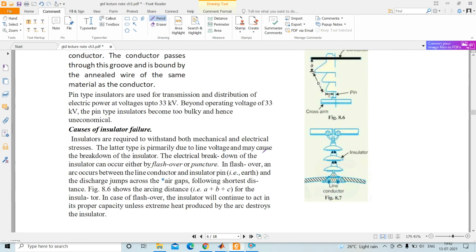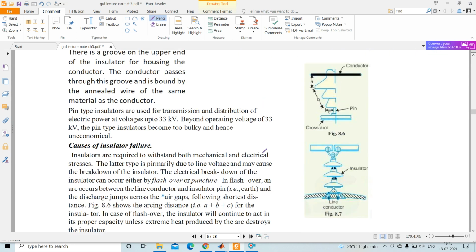So, causes of insulation failure. An insulator is required to withstand both electrical and mechanical stress. Mechanical stress means wind pressure; electrical stress arises, for example, when flashover happens due to lightning.